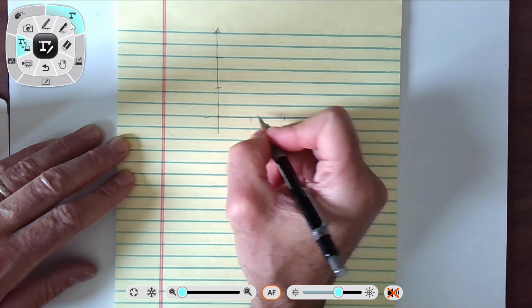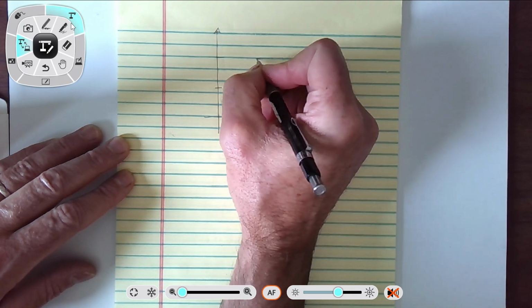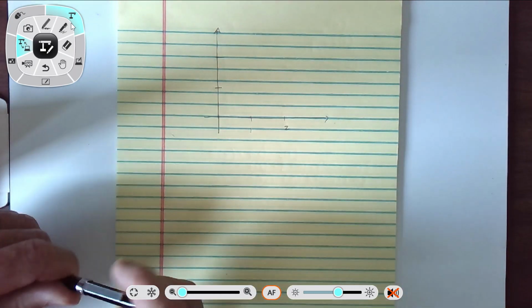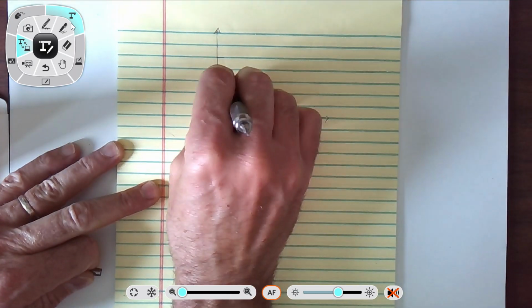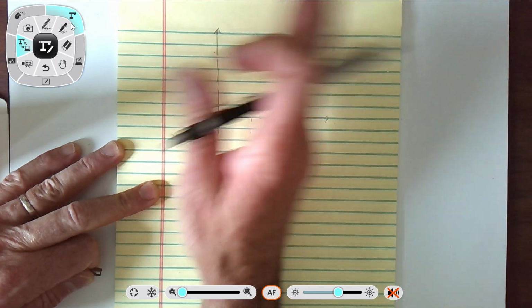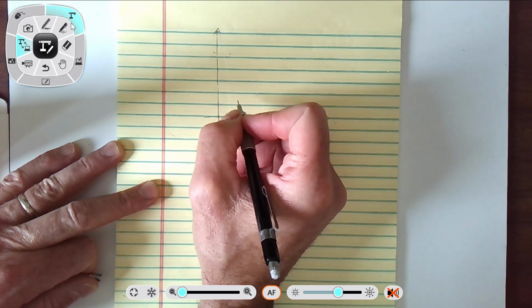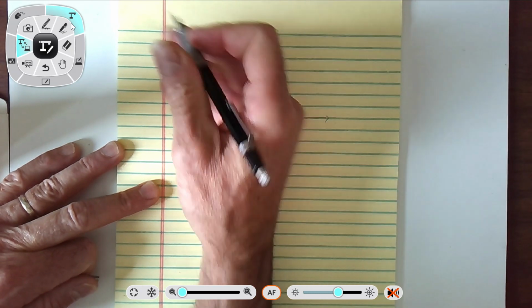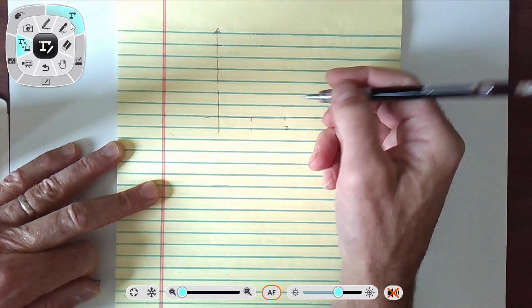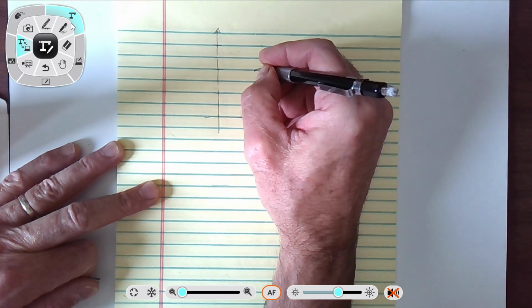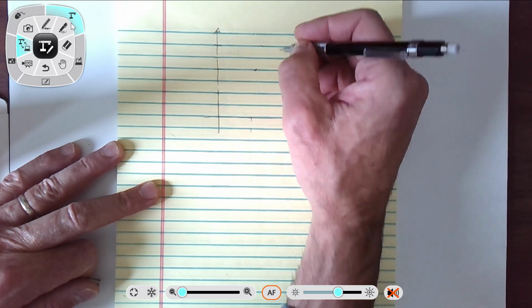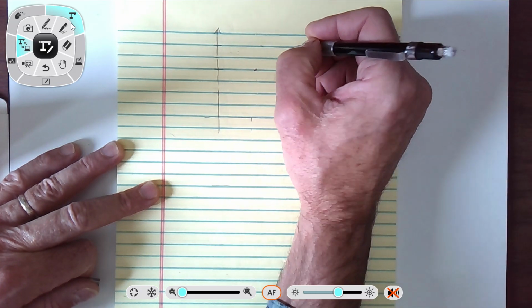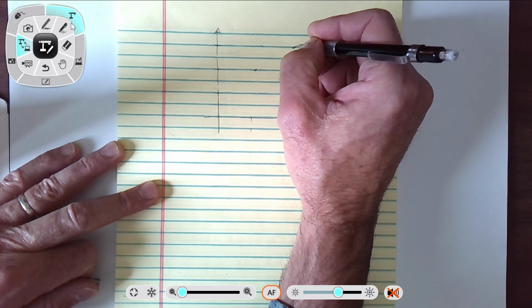So let's go 1, 2, 3, something like that. 1 comma 2 was here, and the linearization was at 2 comma 3, which is right here.